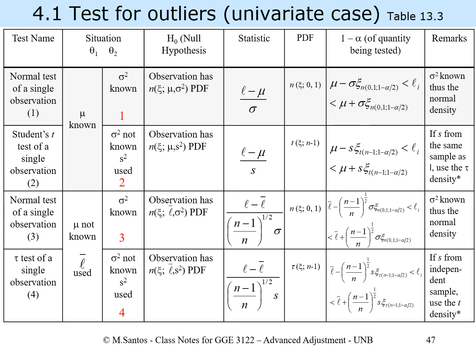The PDF that we use depends on whether we know the variance, and this is very important. When we know the variance, in situations 1 and 3 in red, we use a normal distribution.